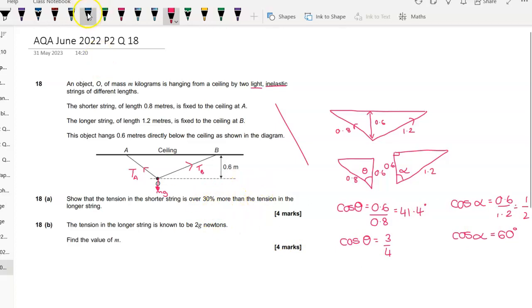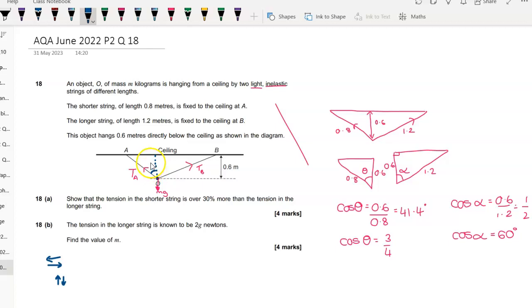Right, okay, so let's resolve horizontally first of all. Because is it moving? No, it's just hanging, it's not moving. So that means what's going left is equal to what's going right, and what's going up is equal to what's coming down. So left and right, the only horizontal forces we've got are... Oh, excuse me. I'm going to sneeze.